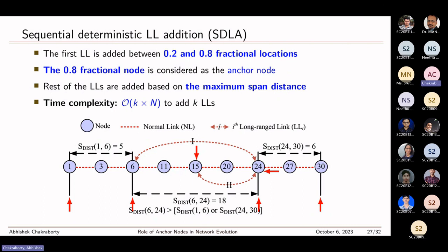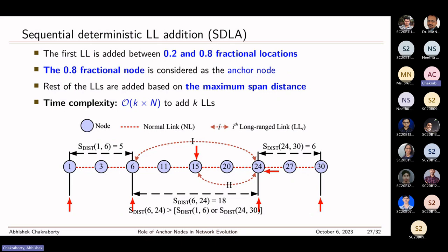Likewise, when you add the next one, now you have 4 segments: 1 to 6, 6 to 15, 15 to 24, 24 to 30. Now you need to calculate the span distance. Here 6 to 15 is 9, and 15 to 24 is again 9. Both are the same, so you can take either from the first or from the last, it is your wish.